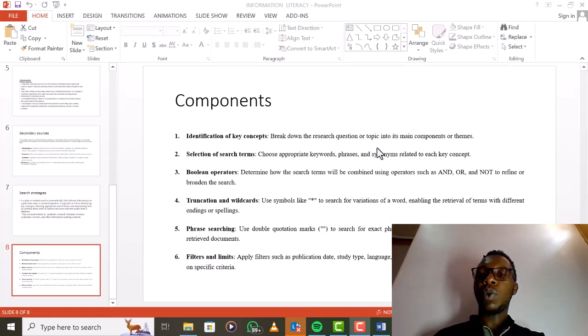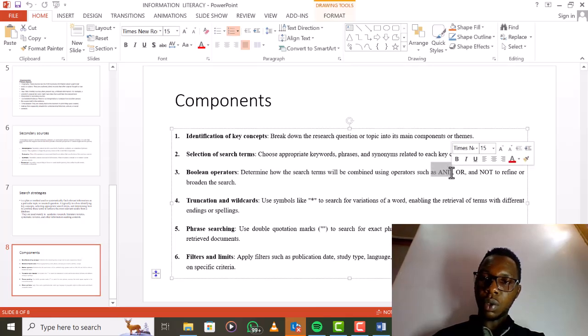And for example, if you are using AND, that is for this and here, so I wanted to just highlight it. If you're using this AND, it is majorly used when you have two important terms.